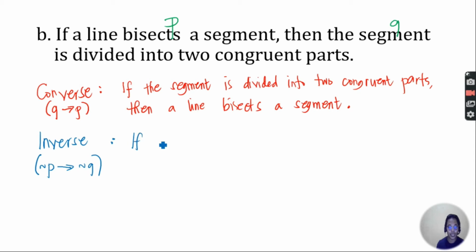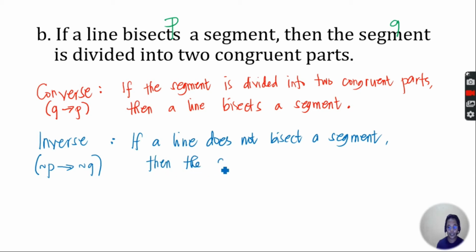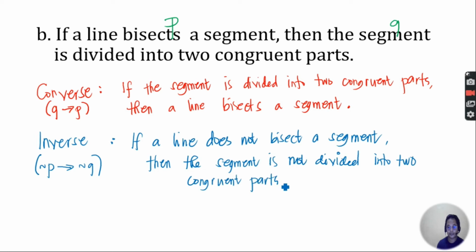So, if a line does not bisect a segment, then the segment is not divided into two congruent parts. So, yan po yung ating inverse.